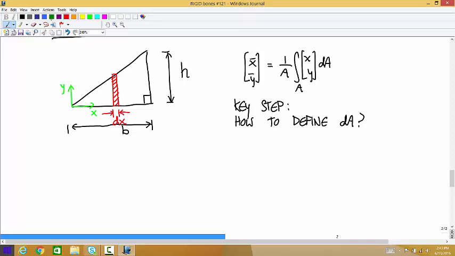And the height of the top is defined by the formula, the function for this line. So at any x value, the height of this rectangle is given by this line function, y equals mx plus b.